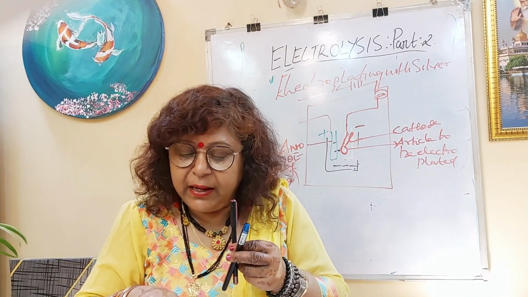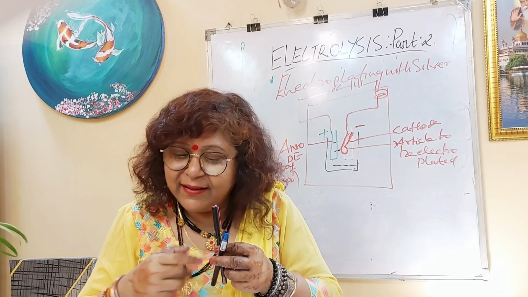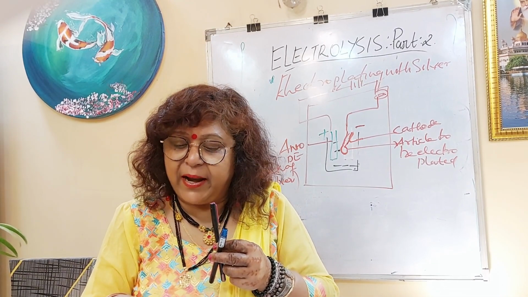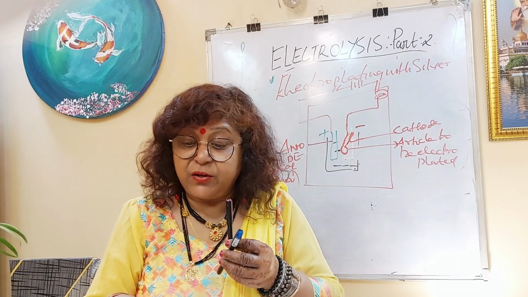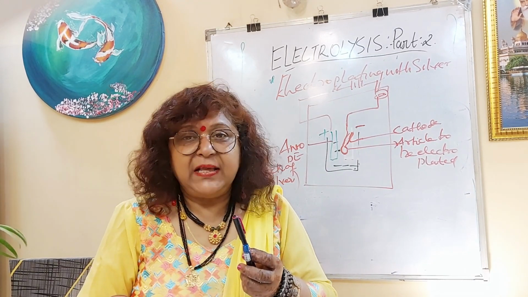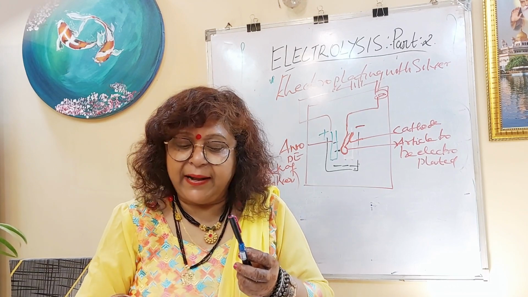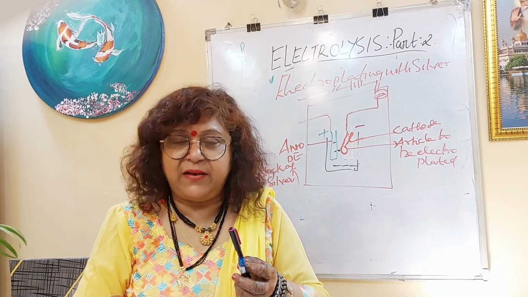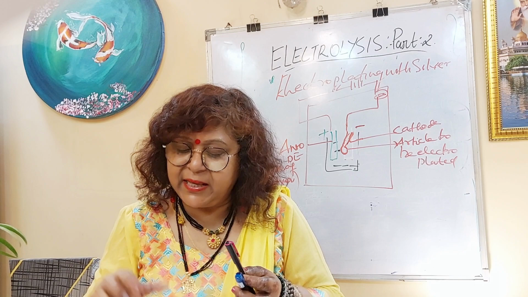Now the electrolyte. What is the electrolyte here? Aqueous solution of sodium cyanide. It is prepared by adding sodium cyanide to a solution of silver nitrate till the precipitate is formed.